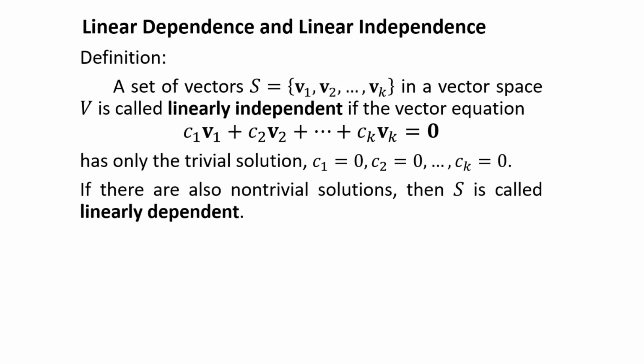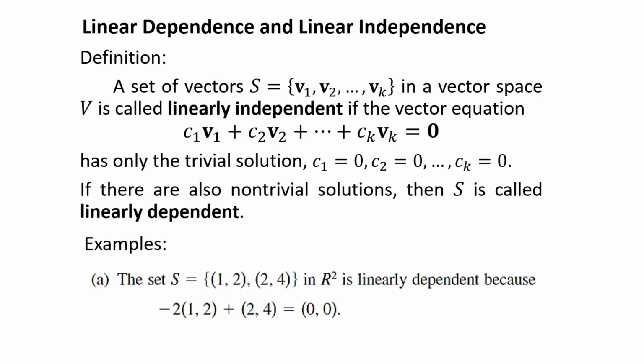For example, the set S, we have this, containing these vectors in R2, is linearly dependent because we have negative 2 times (1, 2) plus (2, 4) equals (0, 0). So there are non-zero scalars, negative 2 and 1, that when multiplied to these vectors and we add the result, the answer is the 0 vector.